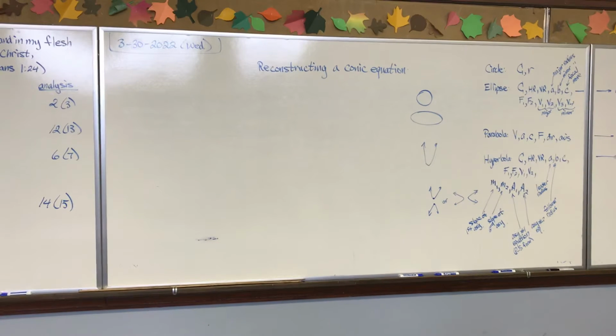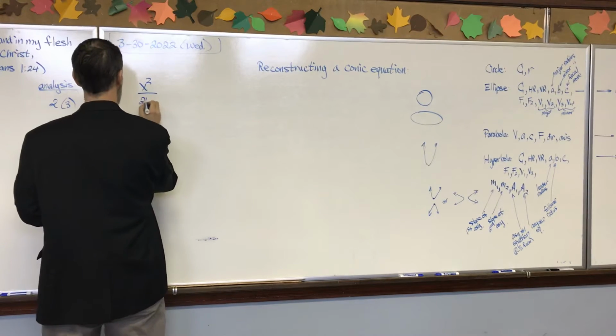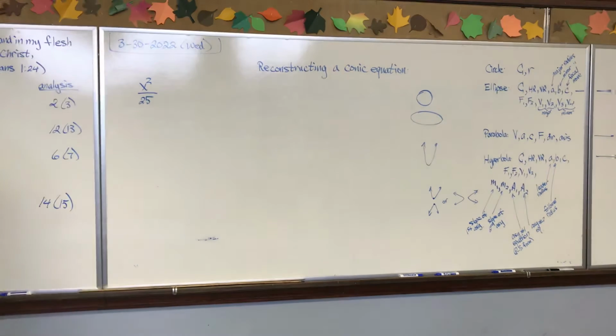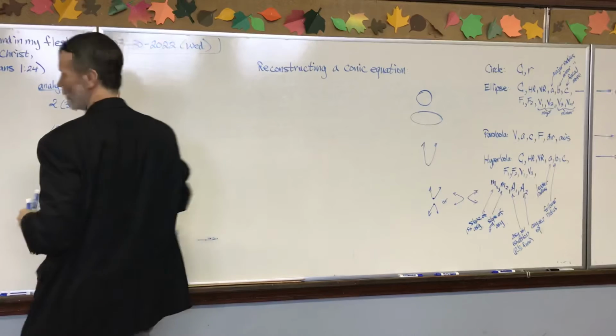So look at problem number 3 on the front side of the page. X squared over 25. Actually, I take that back. Let's try number 4. Number 3 is actually a little easier than that. I want to save the easy one for you. By the way, look at number 3.